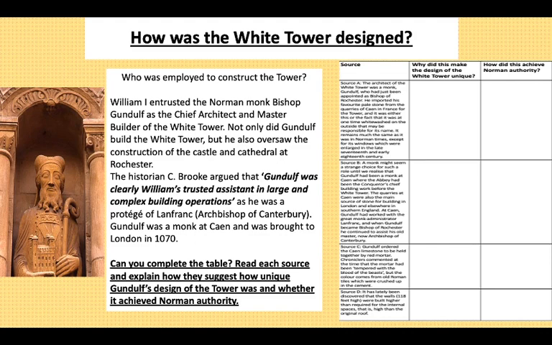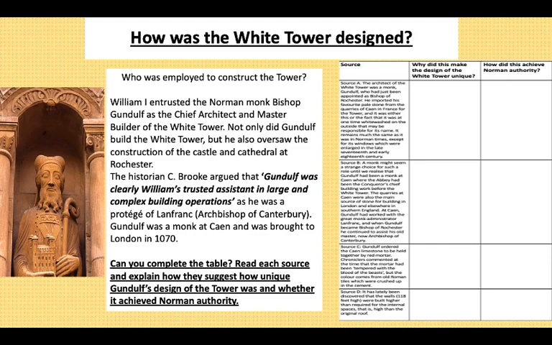The historian Seabrook argued that Gundulf was clearly William's trusted assistant in large and complex building operations, quite clearly as he built the cathedral and castle at Rochester and Colchester. And he was also a protege of Lanfranc, the Archbishop of Canterbury, which you will have learnt about from Year 9 when you studied your Norman unit.